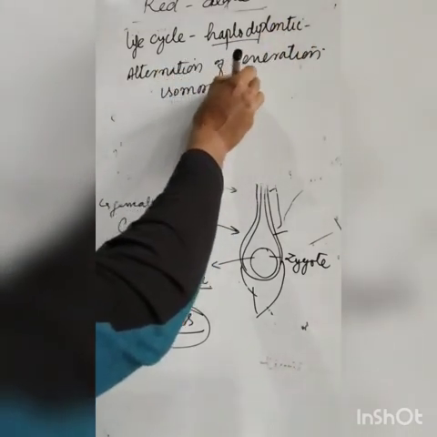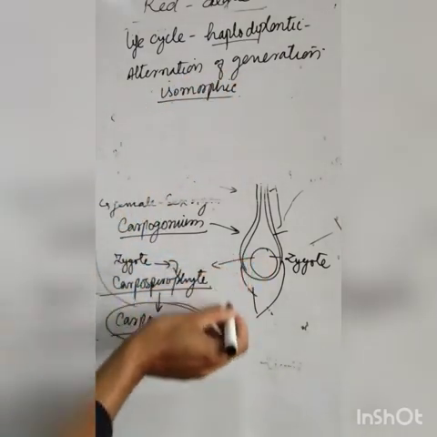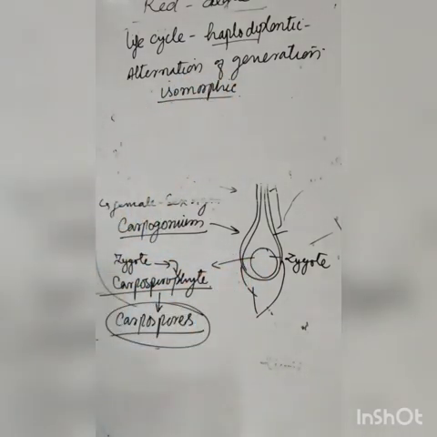Isomorphic means to some extent they are similar. Sporophyte and gametophyte are similar.